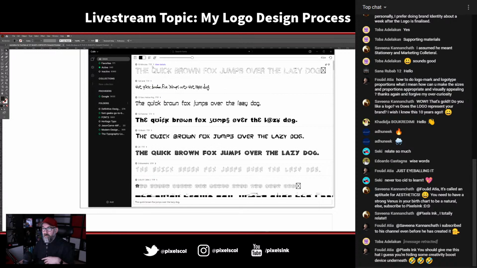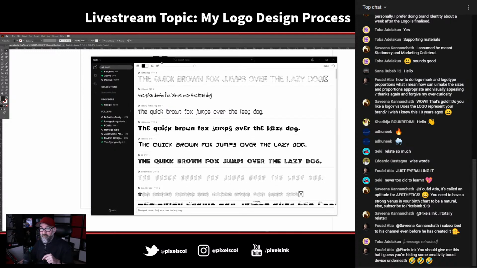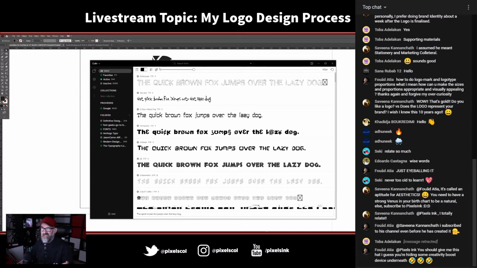So the good thing about Fontbase and a lot of other font management tools, if you don't have a font management tool, you should get one. This one, by the way, is free, but if you want to get some benefits, it's $3 a month. It's nothing. And one of the benefits is that Fontbase will plug into Adobe Creative Cloud.